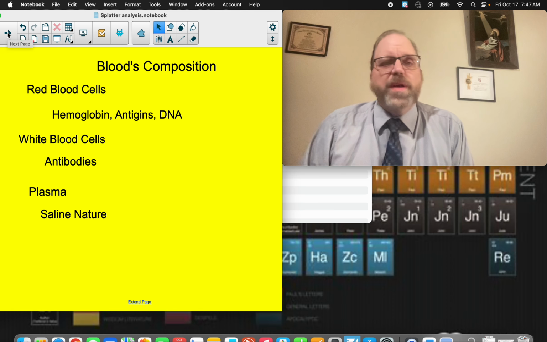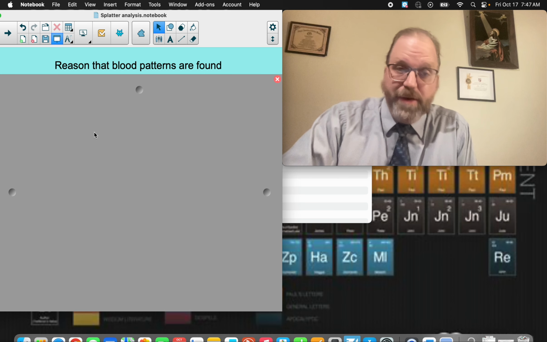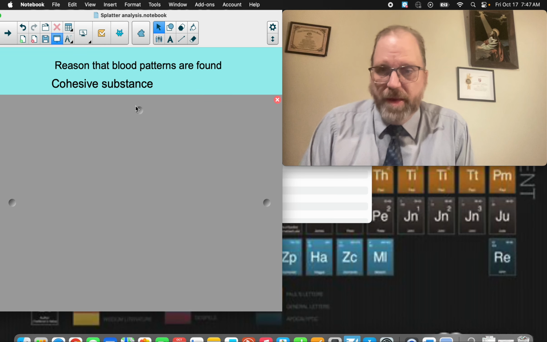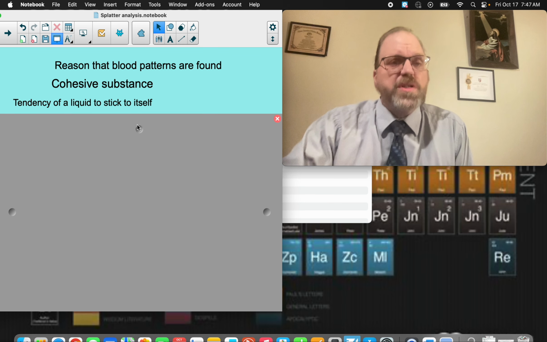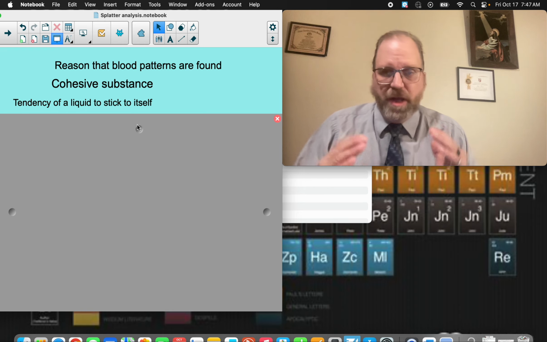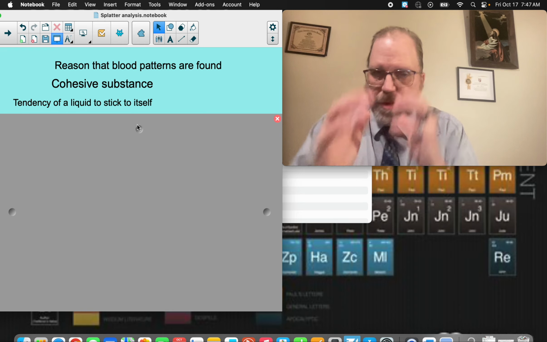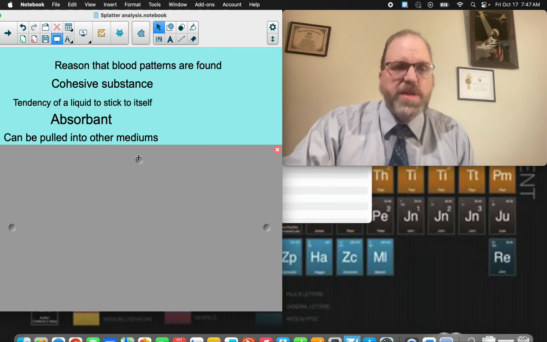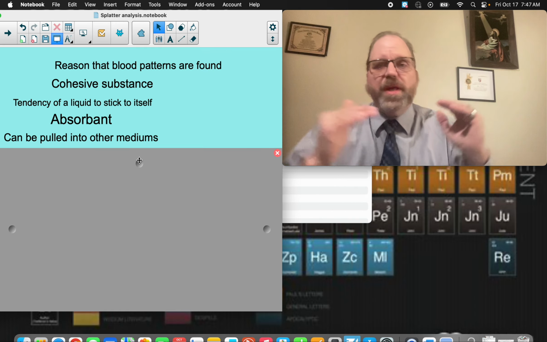Now, reasons that blood patterns are found. First of all, blood is cohesive. What does cohesive mean? Cohesive is the tendency of a liquid to stick to itself. So like mercury, it balls up. And it's also absorbent, so that means it can be pulled into other mediums.